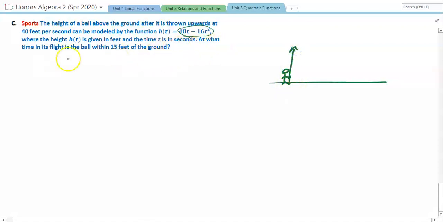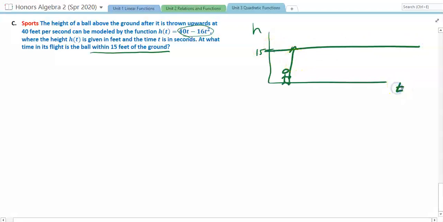Well, it says, at what time of the flight is the ball within 15 feet of the ground? So if we're talking about our height above the ground, here's 15 feet. I'm looking for at what time, not distance, what time is this ball beneath this line? It says within 15 feet of the ground.